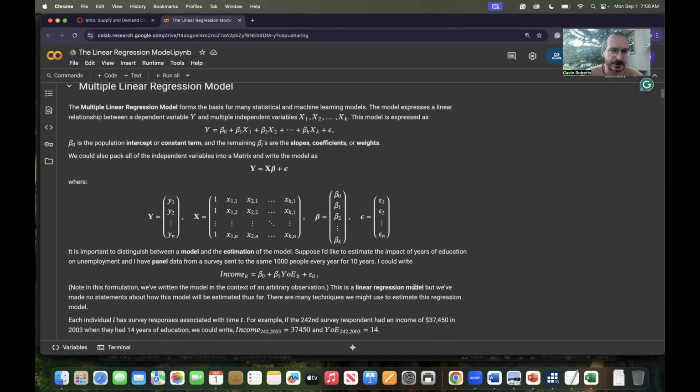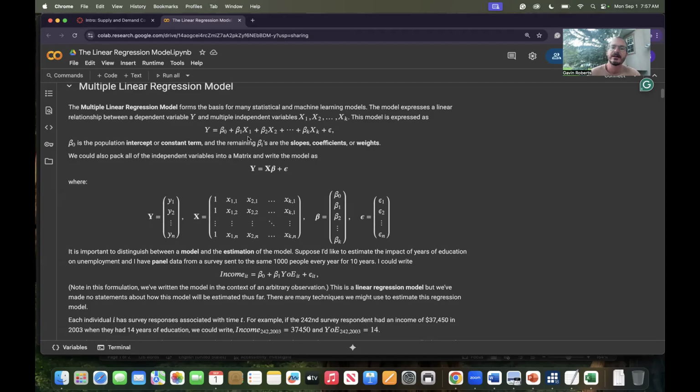The multiple linear regression model forms the basis for many statistical and machine learning methods. This is kind of the most basic version, right? This is a population linear regression. I know that because I have Greek letters right here, which we'll talk about. Y, our dependent variable, or potentially a set of different dependent variables, is beta, which is going to be an intercept or a constant term because it's not being multiplied by an independent variable.